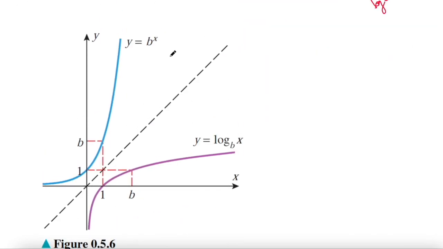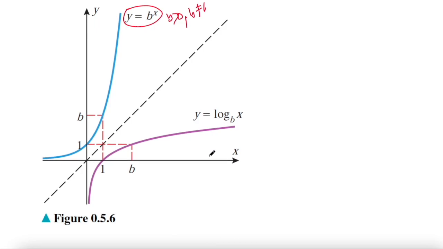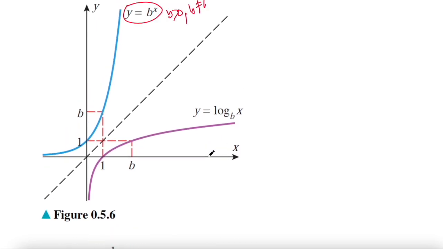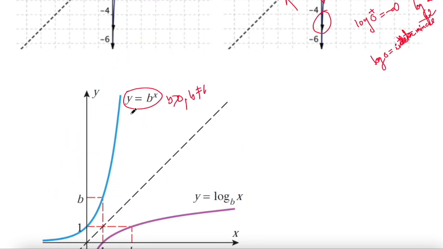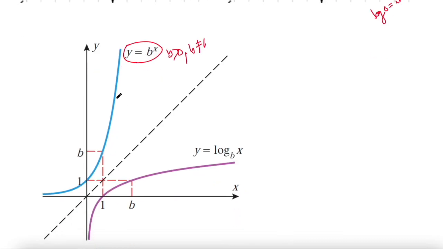You can look into another graph, b to the power x, where b is positive but not equal to 1. The corresponding logarithmic graph will be this one, and the domain of this exponential function will be what? Domain means the set of all values of independent variable x.